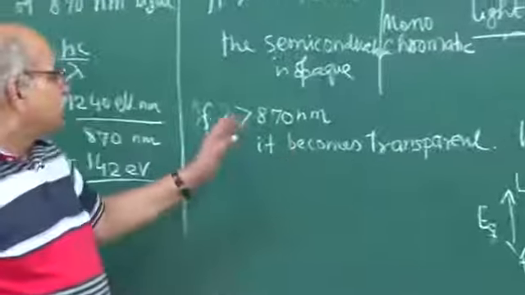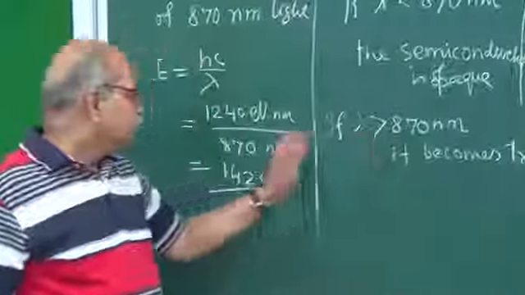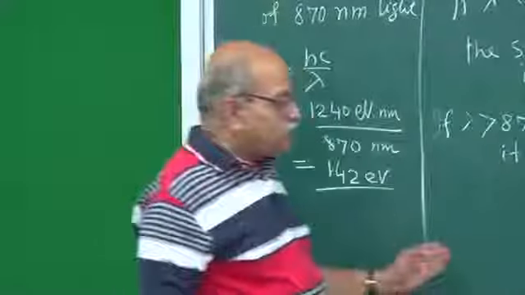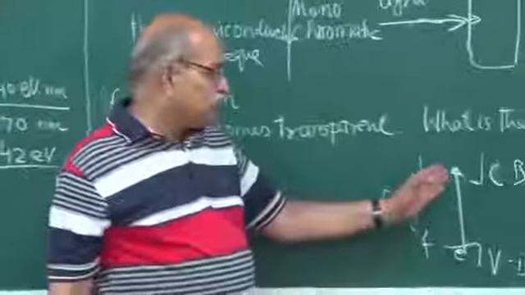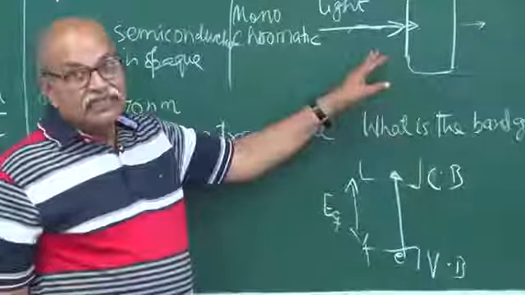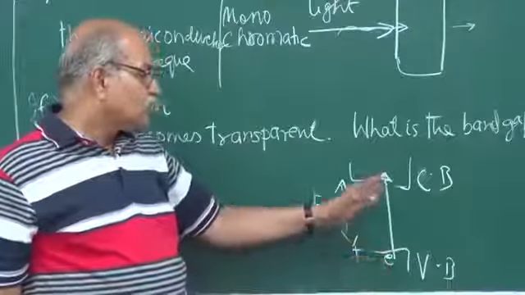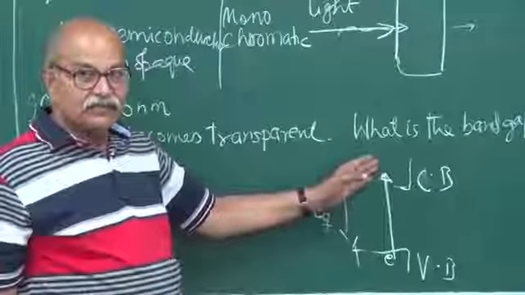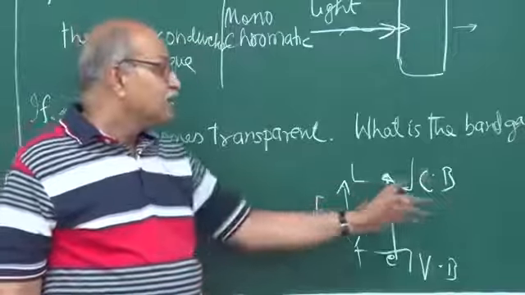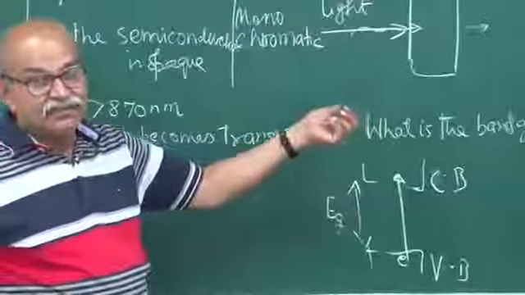But if lambda is more than 870 nanometers, the photon energy will be less than 1.42 eV. So if the band gap is 1.42 eV and the photon energy is less than 1.42 eV, that photon cannot take this electron to the conduction band, and therefore this photon will not be absorbed and will be transmitted through, and this will be transparent.